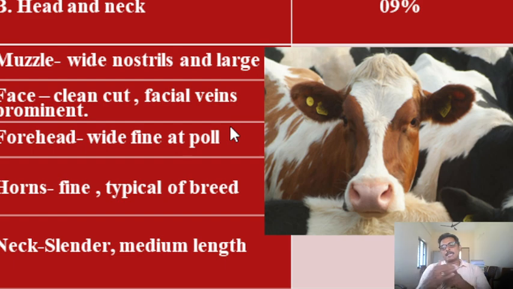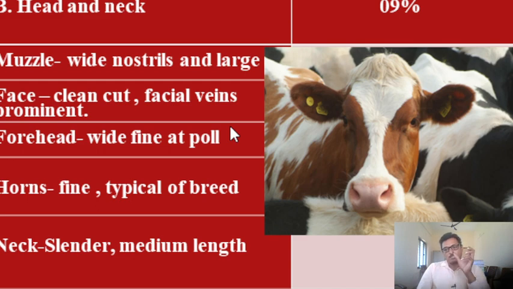Then the second one is the head and neck. We have to see the animal's head and neck, and for that we give 9% of the points. In the head and neck, we see some other characters. The muzzle should have wide nostrils.